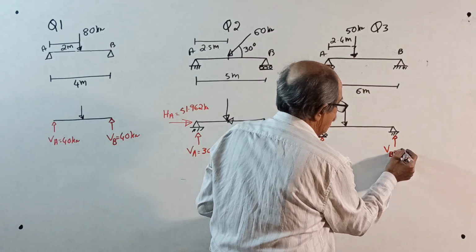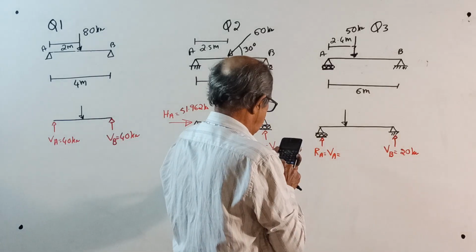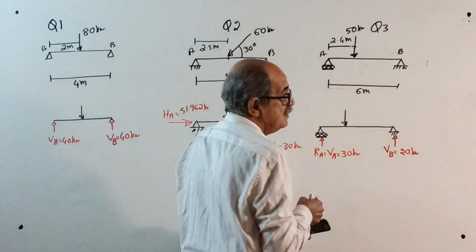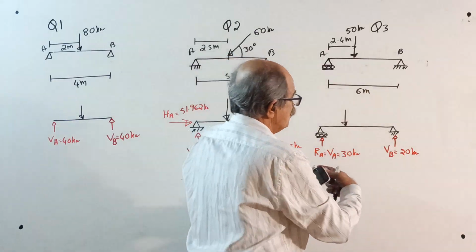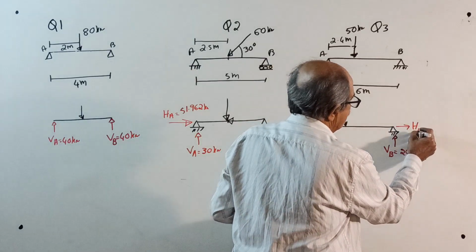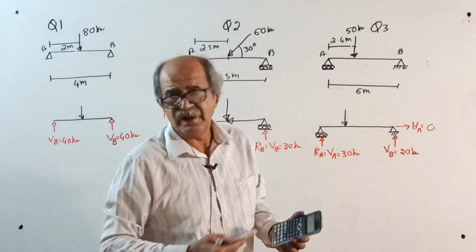This is 20 kilonewton. This is 30 kilonewton. This is the answer. Someone will tell, sir, hinged support. Okay, if you are that much interested, horizontal reaction equal to 0. It is not there.